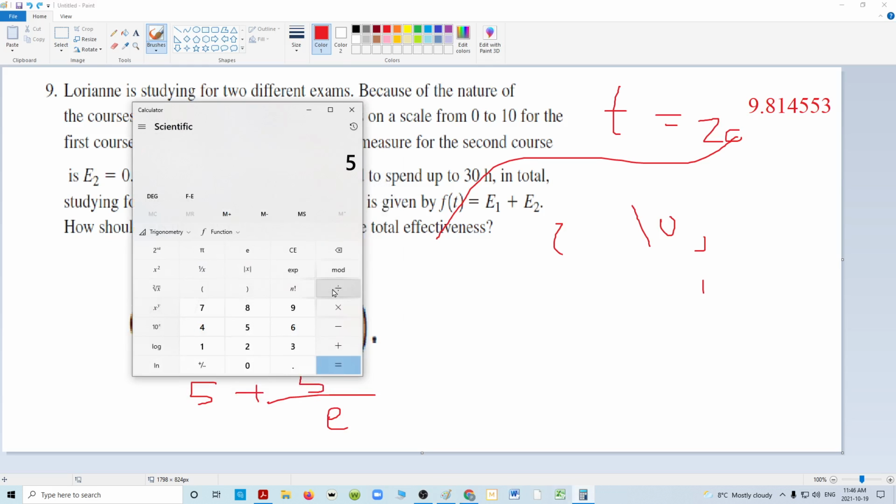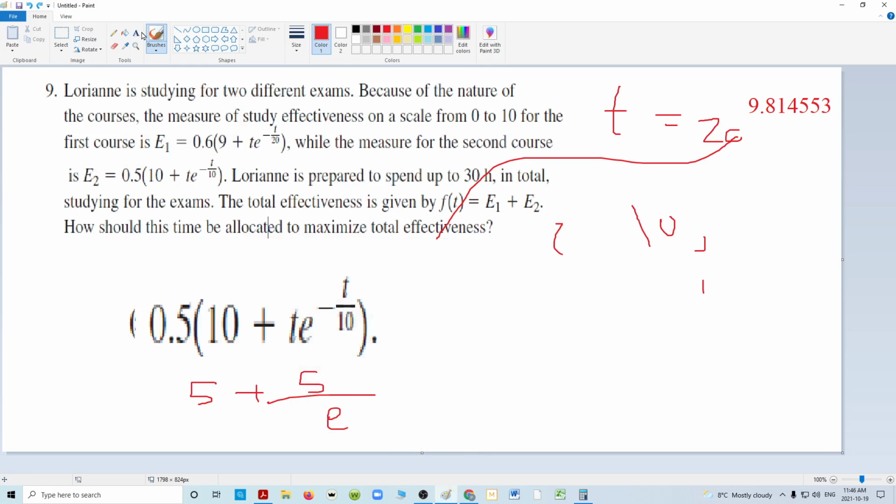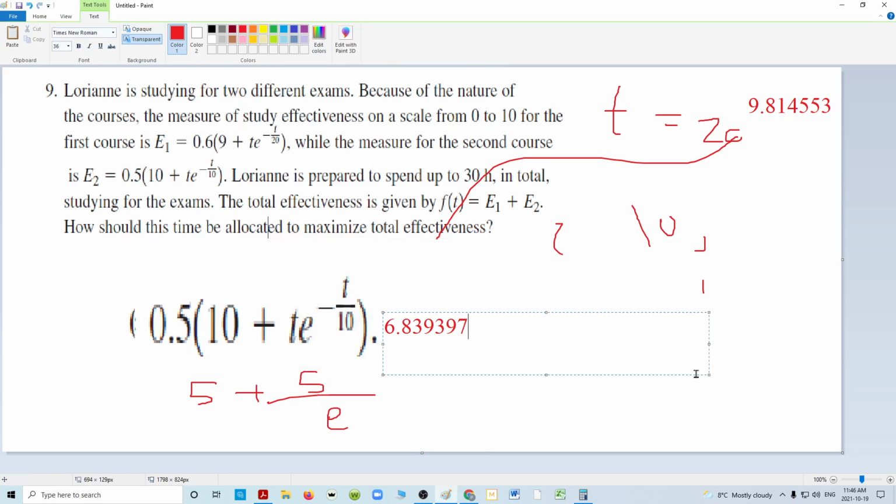So 5 divided by e plus 5. The efficiency rating then is only 6.3, assuming I did it right. The max efficiency she can achieve on this one occurs at 10, and it's that. And the max efficiency on the other one occurs at 20, and it's that.